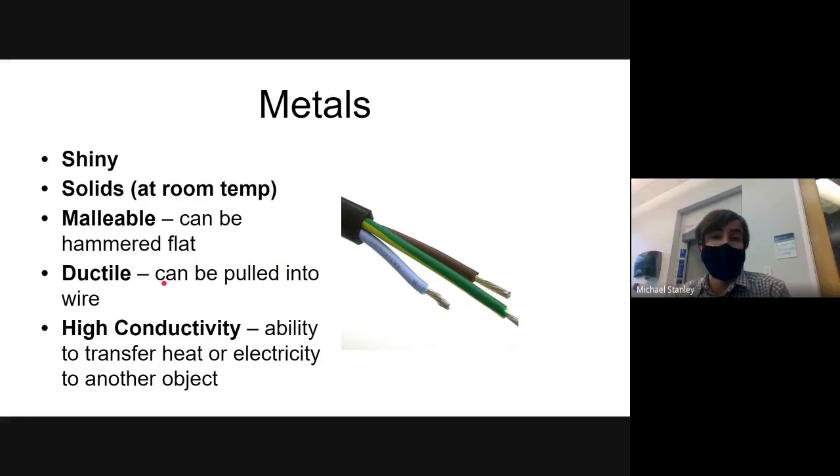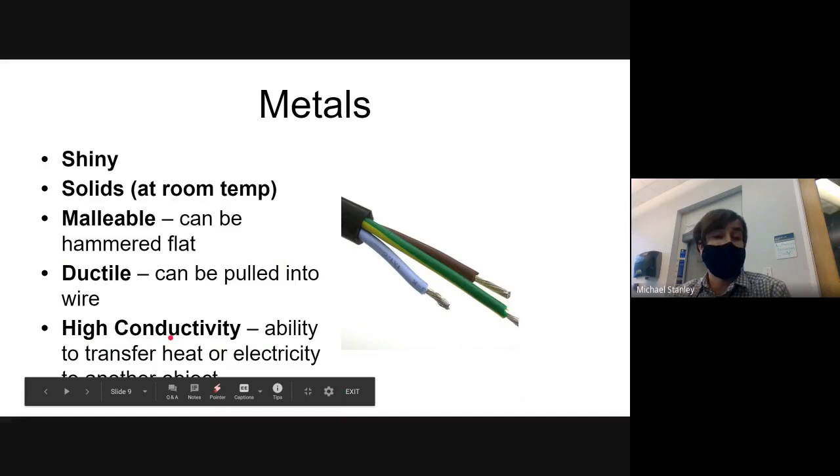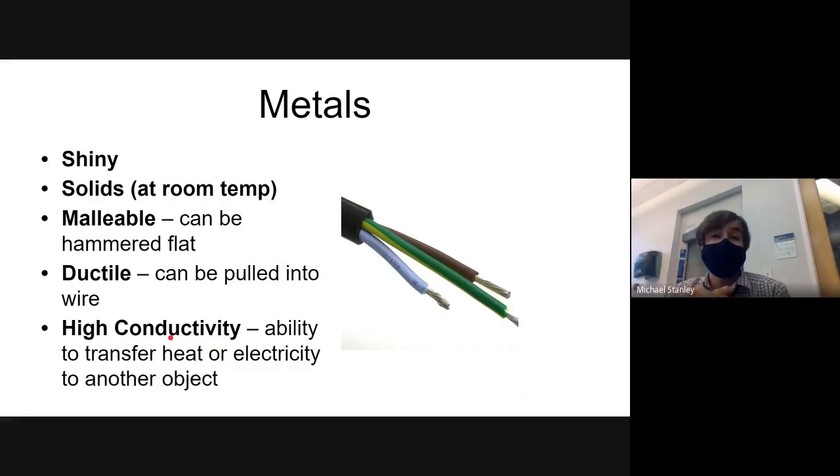The reason why metals are used in wires is because metals are very, very conductive. What that means is that they can move heat and electricity across them very easily. This is why most of your cookware in your house, most of your pots and pans, are made out of metal.